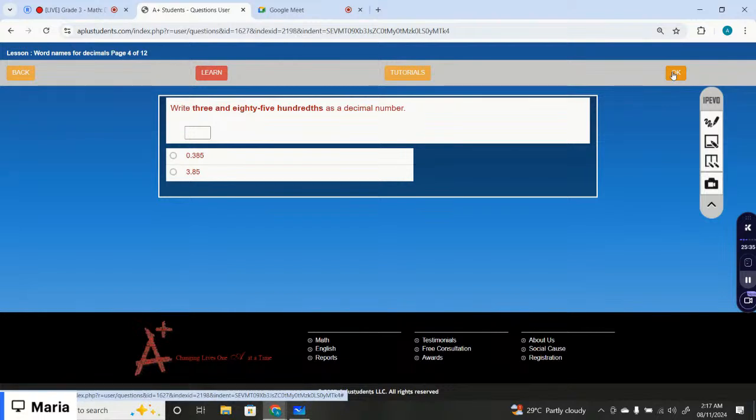Right? 3 and 85 hundredths as a decimal number, which is the correct option?